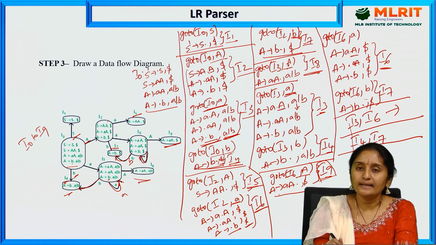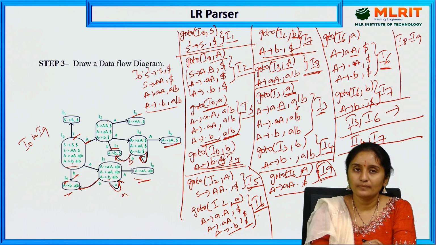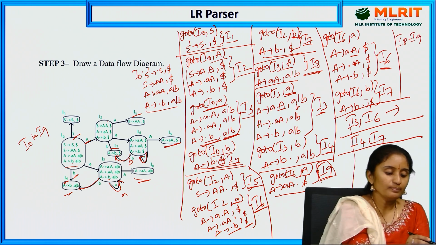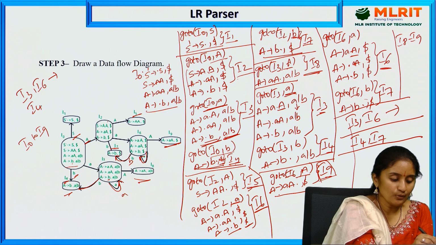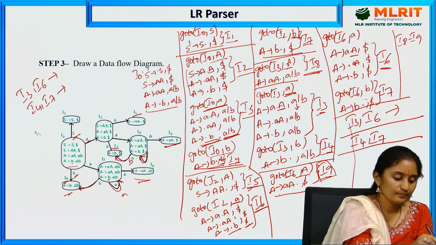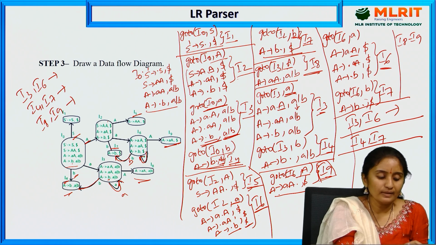I8 and I9. So I3, I6 are same. I4, I7 are same. I8, I9 are same.